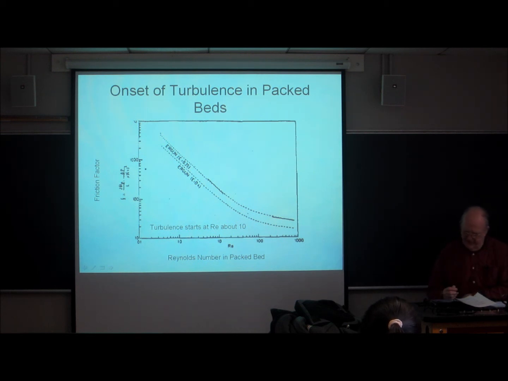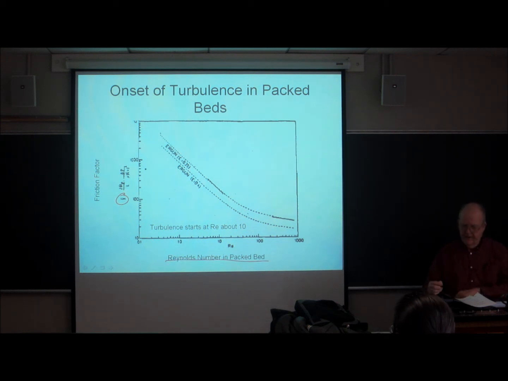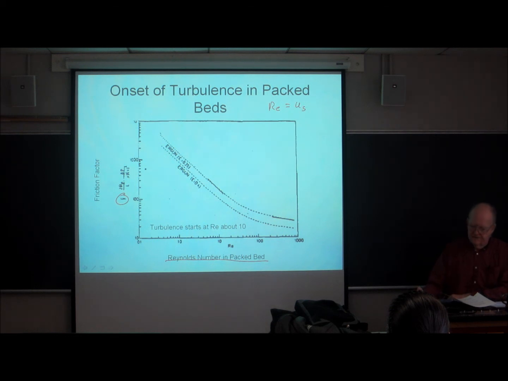And the point of this slide is to show you where turbulence starts in a packed bed. This number here is a so-called friction factor, and I'll tell you about it in a minute, what it is exactly. But this is a plot of the friction factor versus the Reynolds number in a packed bed. Now, the Reynolds number in a packed bed is defined a little bit differently than the Reynolds number in an open tube. The Reynolds number in a packed bed is based on the superficial velocity.